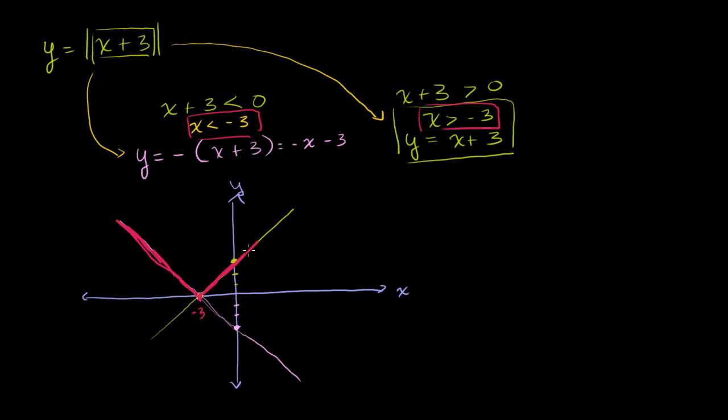It looks like that. So this graph looks like a strange V. When x is greater than negative 3, this is positive, so we have a positive slope. But when x is less than negative 3, we're essentially taking the negative of the function, if you want to view it that way. And so we have this negative slope. So you have this V-shaped graph, which is indicative of an absolute value function.